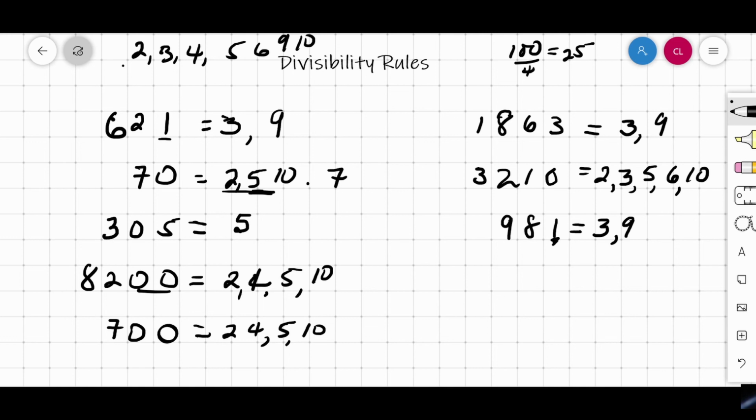We were asked to tell if these numbers listed here are divisible by 2, 3, 4, 5, 6, 9, and 10.